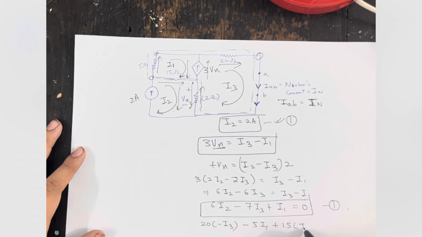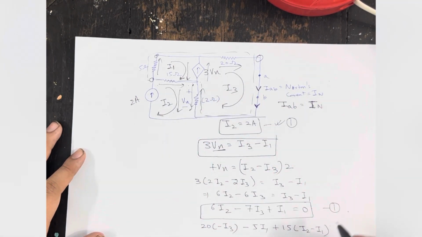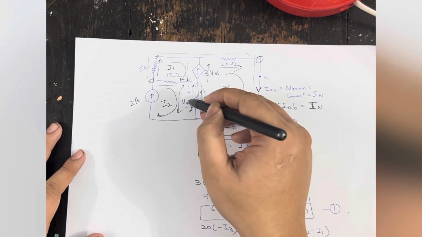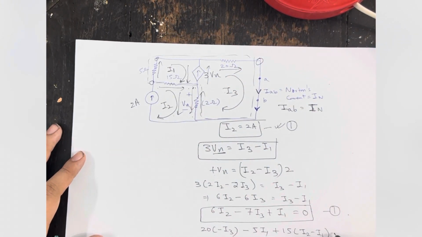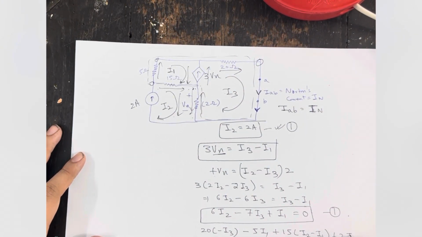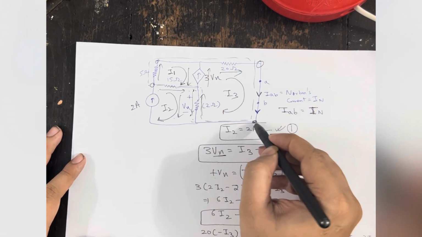From here to here the drop is Vx only, which we also write as I2 minus I3 into 2, so plus 2 I2 minus 2 I3, and we reached our destination.